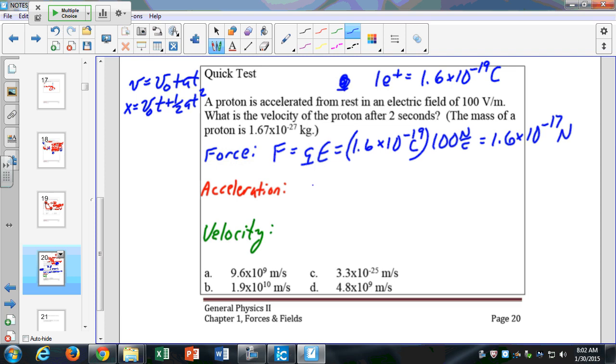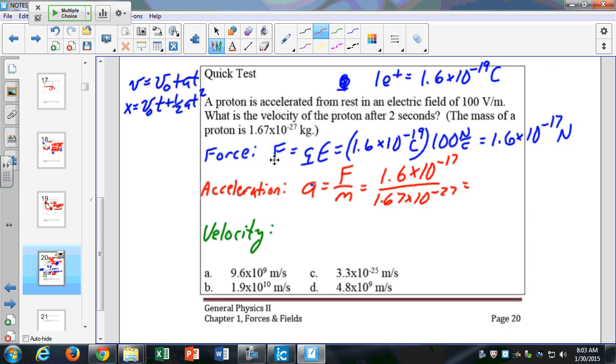And then I want to find my acceleration. So A is going to be equal to F over M. So that's 1.6 times 10 to the minus 17 divided by the mass, 1.67 times 10 to the minus 27.